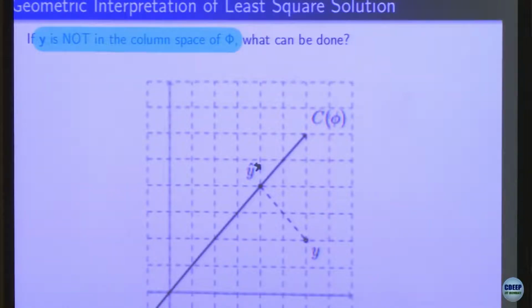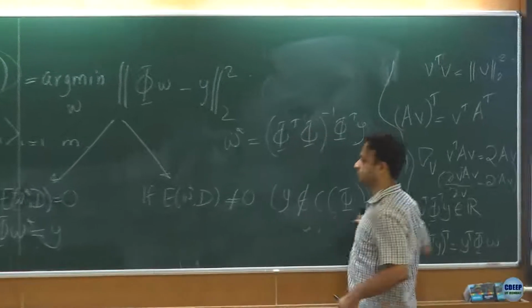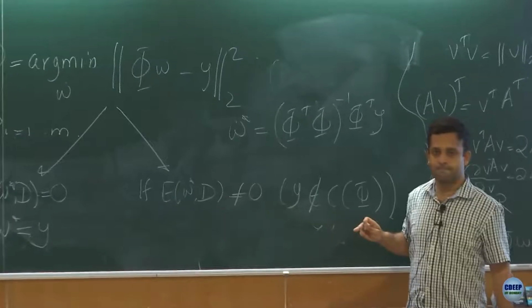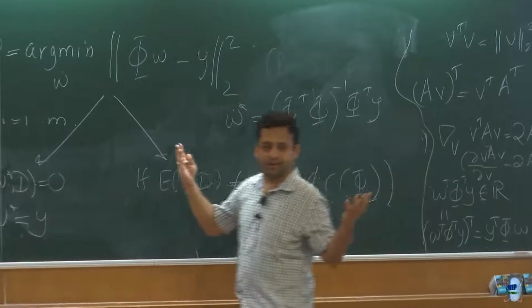Okay, so we are now continuing this case. We are saying, well, if E(W star) is not equal to 0, that is y is not in the column space of phi, then there exists some y star which is in the column space. There are many, of course.